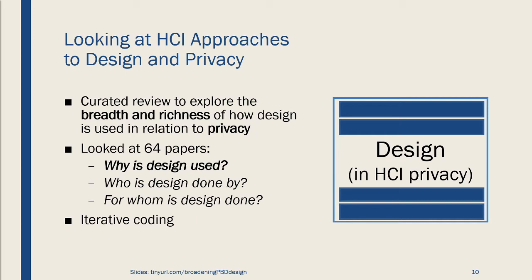Reading through each paper, we openly coded each one by asking a set of questions including, why is design used, who is design done by, and for whom is design done? Using affinity diagramming on the open codes, we came up with a set of categories or dimensions, which we used to then recode the corpus. And today I'm going to focus on the dimensions that emerged when we looked at the why design question, which we call the purposes of design.